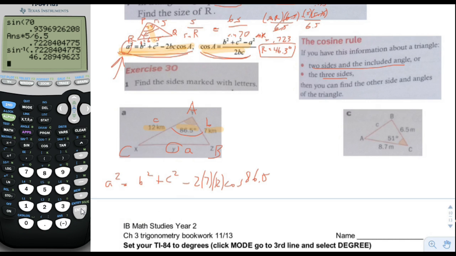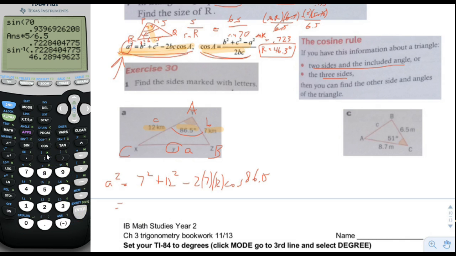And then the b and c here are also 7 and 12. And a, of course, we don't know. This is kind of a hairy thing to put into your calculator. You can put it all in at the same time, but just make sure that you put parentheses where you need to.